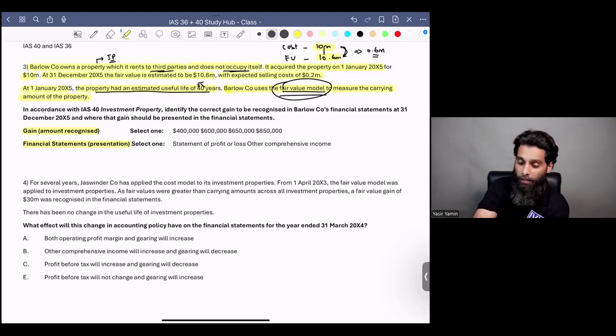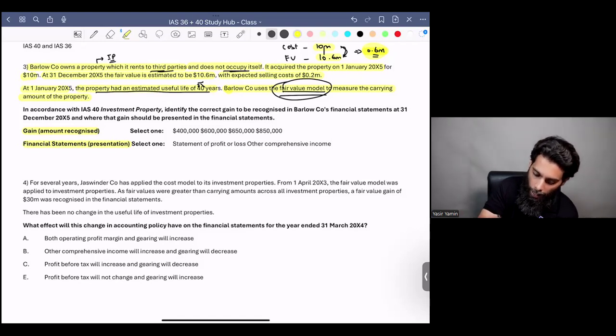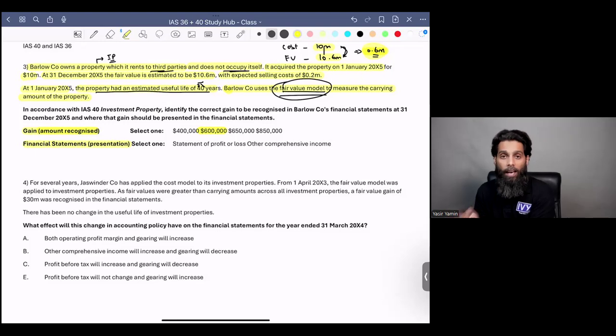So there was a fair value gain of $0.6 million. And somebody is saying it is supposed to be recognized under OCI. So you are saying that the answer should be 600,000 as far as the amount is concerned. And where should it be recognized? Somebody is saying OCI.